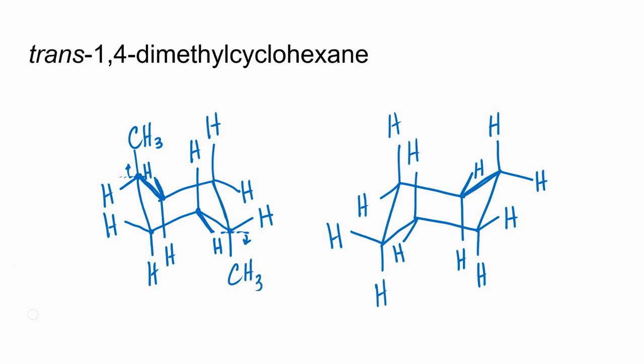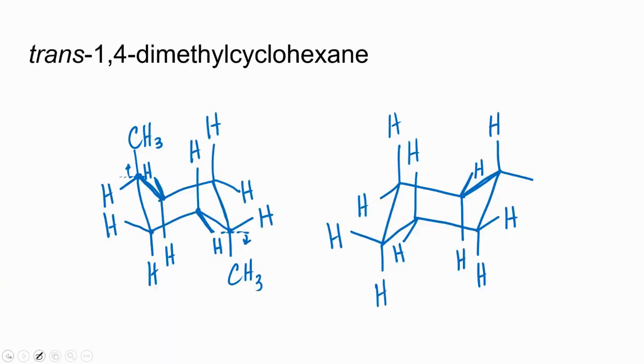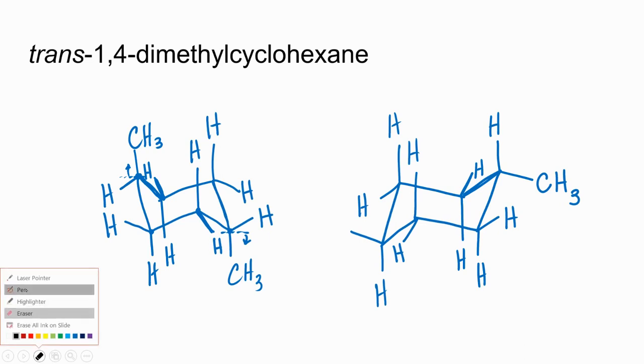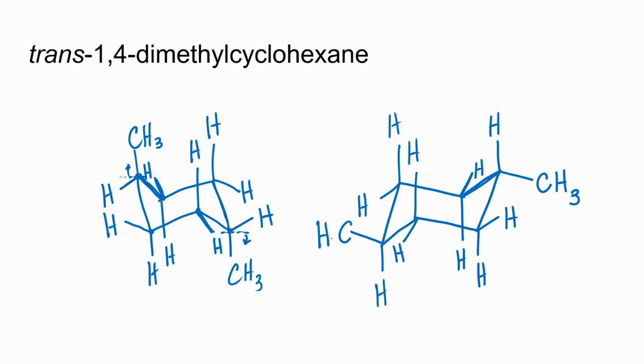Now, on the chair flip, we know that any group at this foot of the chair, for example, that was down, needs to be at the head of the chair and be out equatorial. It was axial before. Now it needs to be equatorial at the head of the chair. And this old head of the chair became the foot of the chair, and it was axial before it became equatorial now.